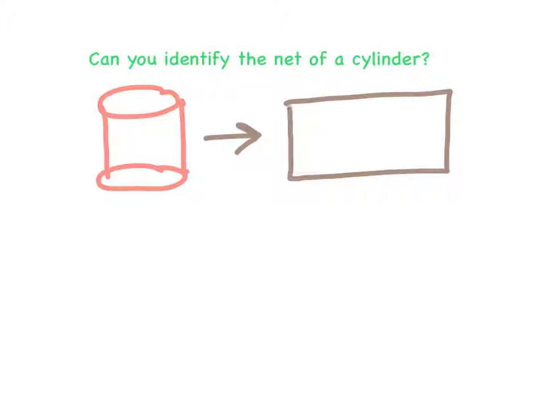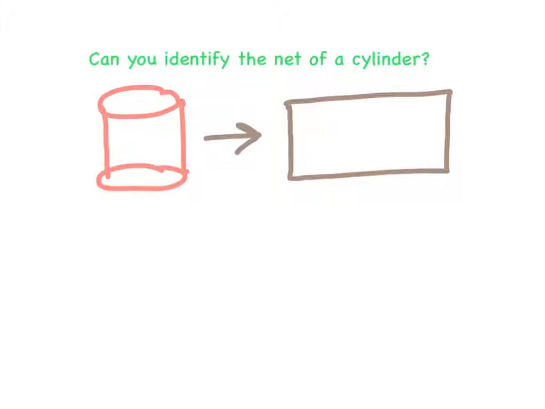So if you went home tonight and you took a can and then you took the label off, in other words, you cut the label very neatly down the seam of the can, you would end up with a label that looks like a rectangle. Now, that is the lateral side or label, and that happens to be a rectangle. But we have those two circular bases, the top and bottom of the can.